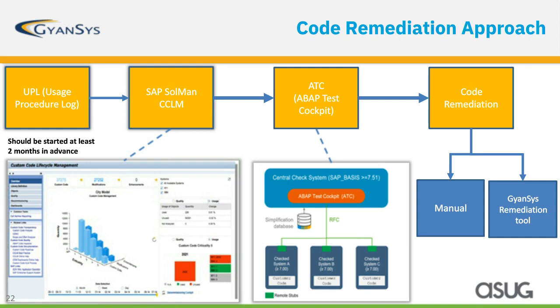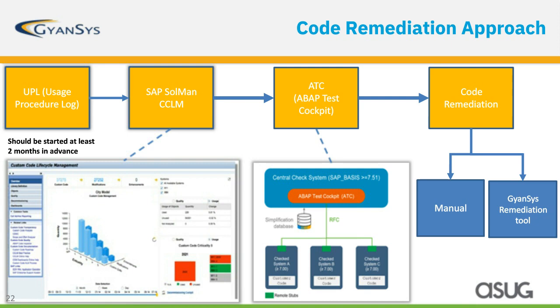The first thing is to check what we are really using, because you may have 5,000 custom code objects written, but we may be using just 3,500, and 1,500 are not used at all. So is it worth putting remediation effort on those? Probably not. In that case, we use the UPL tool in the system to analyze the overall users and procedures running in the system.